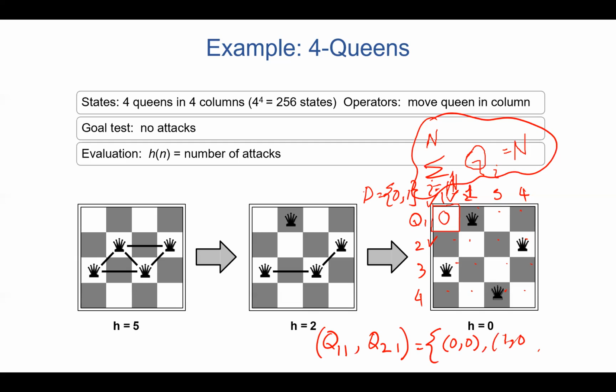Q11 can have a queen, but Q21 shouldn't have a queen. Q11 may not have a queen, and Q21 can have a queen, right? You can have solutions like this, and then you can come up with all the explicit constraints, right? Nathan is smiling because there is an issue, but I'll talk about it very soon.